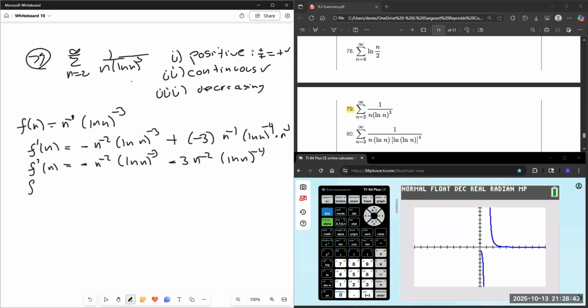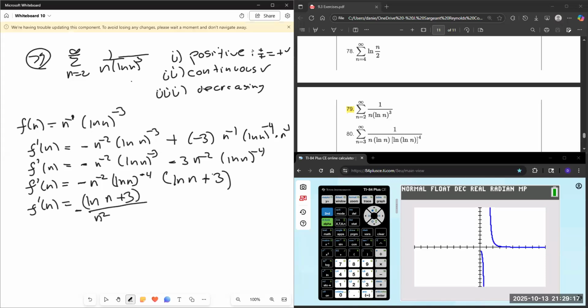So f prime of n is equal to a negative n to the negative second ln of n to the negative fourth times (ln of n plus 3). And this will be f prime of n is equal to negative out front, (ln of n plus 3) over n squared ln of n raised to the fourth.